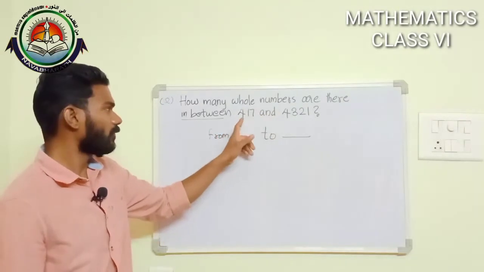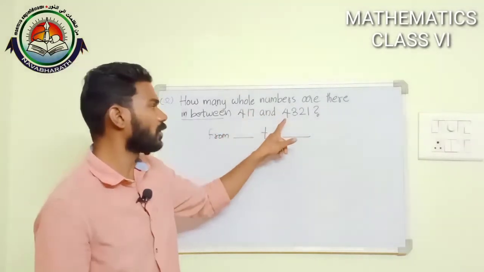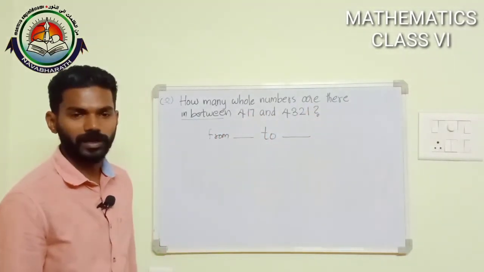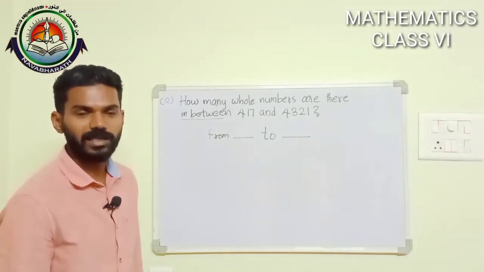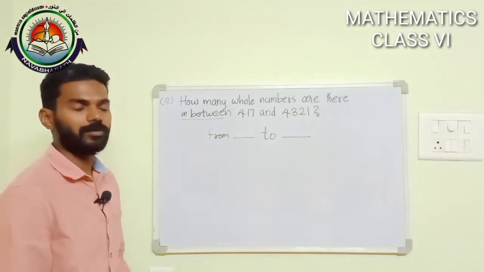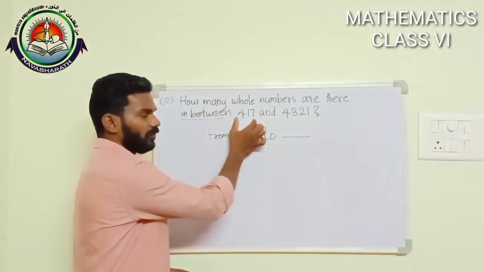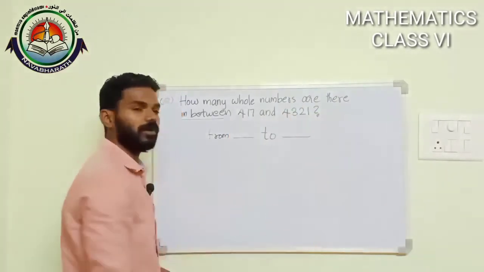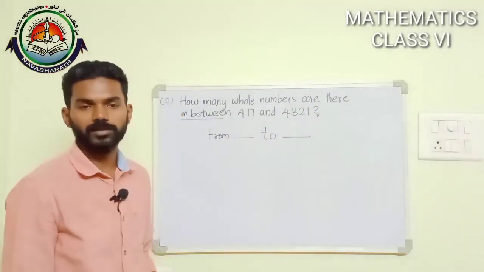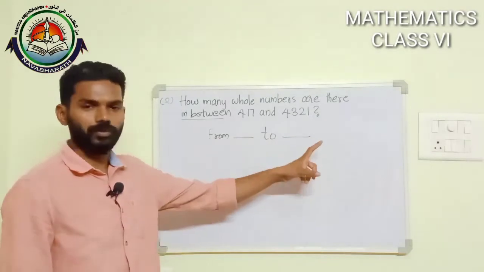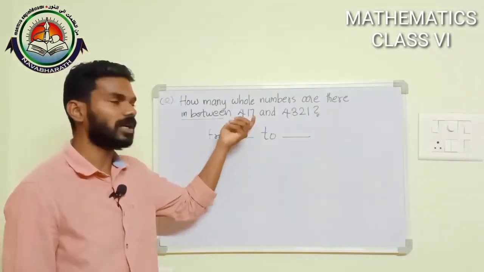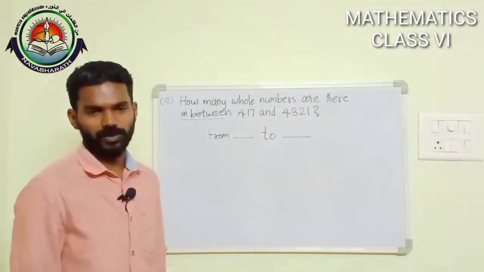If it is from 417 to 4321, it means that we need to consider both the numbers, 417 and 4321. 'From' and 'to' means we need to consider both the numbers.